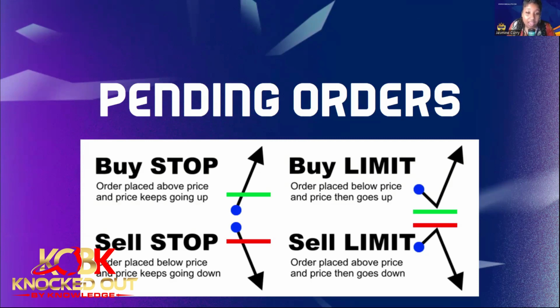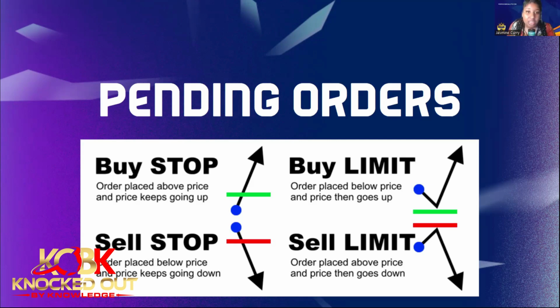It'll be a clock icon. I do apologize for not being able to upload it to this presentation, but on MT5, it is a clock icon. On MT4, instead of it being a market execution, you can click those words and you'll see these four options as well: the buy stop, the buy limit, the sell stop, and the sell limit.